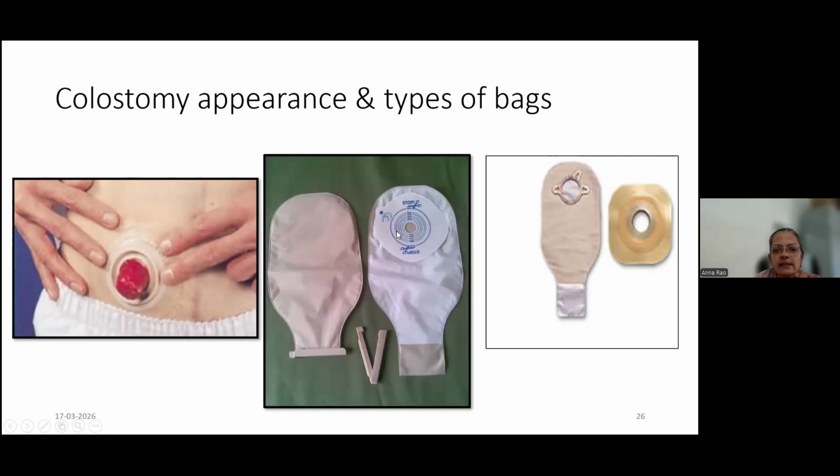Okay, and this is the one-piece colostomy bag, where the sticker is on the bag. The patient needs to remove the paper and directly stick it to the abdominal wall. And this is the neck and the clip. So the person has to fold it two times and then fix the clip. Okay, how to do cleaning, that we will see later.